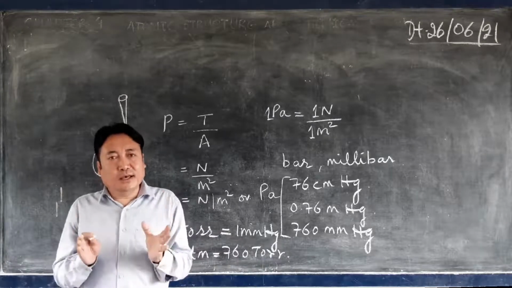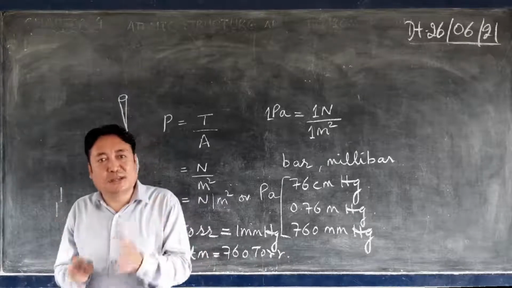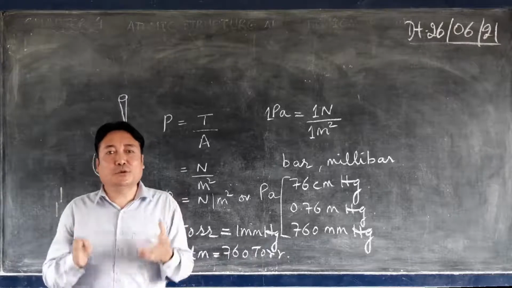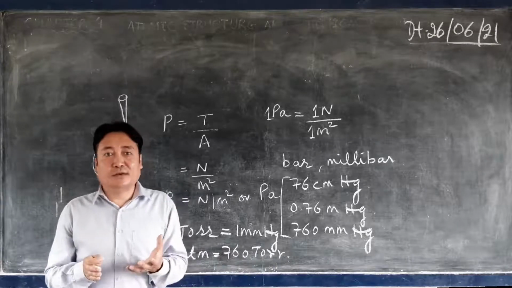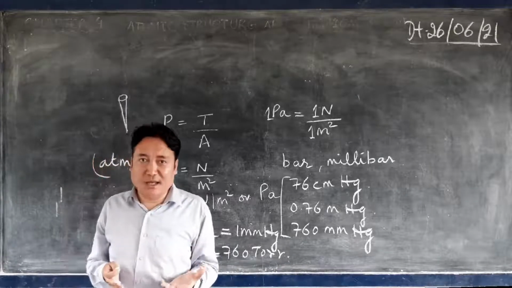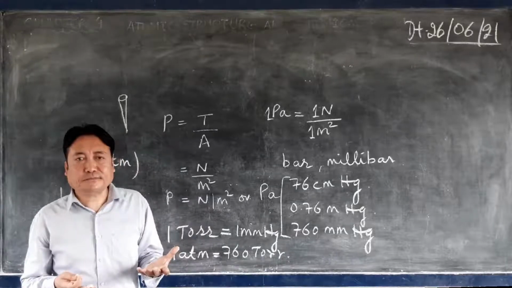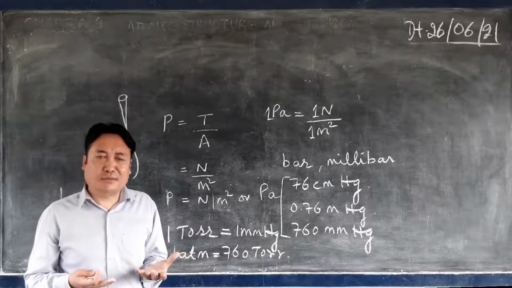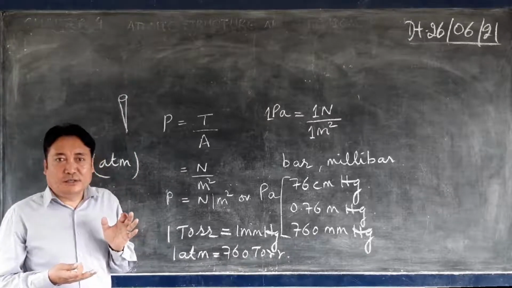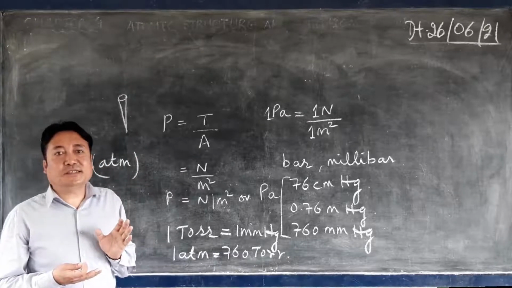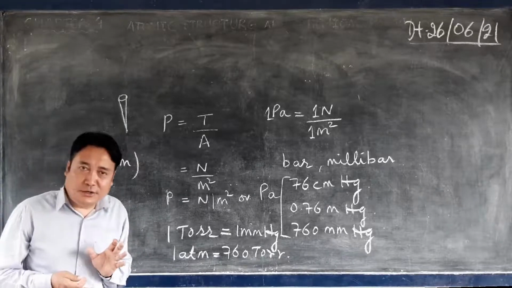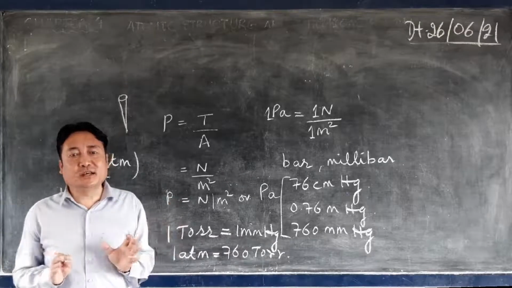So when the surface area is more, the pressure becomes less. When the pressure becomes less, the buildings or a dam can withstand without any kind of damage. So in order to reduce the pressure, you will increase the surface area.